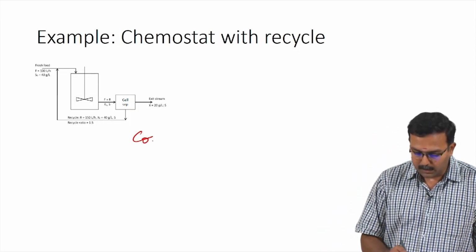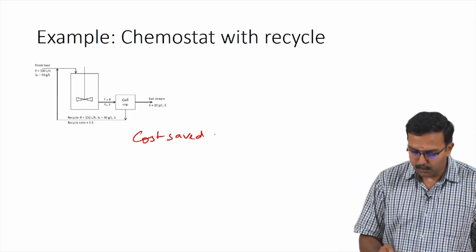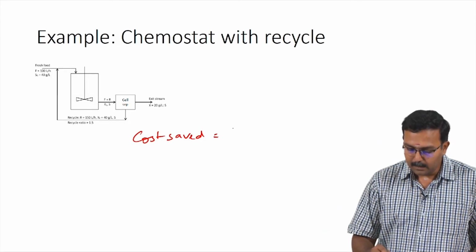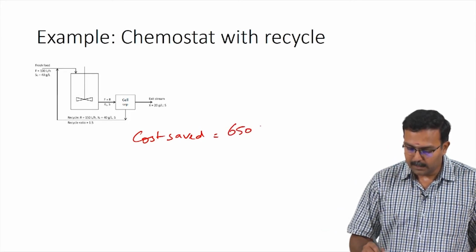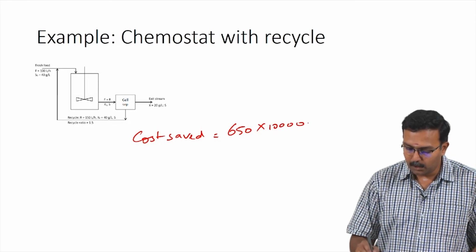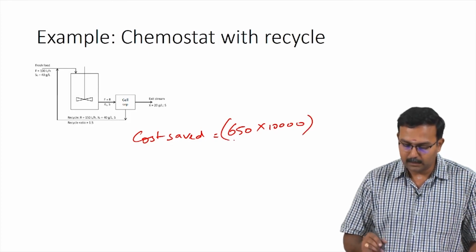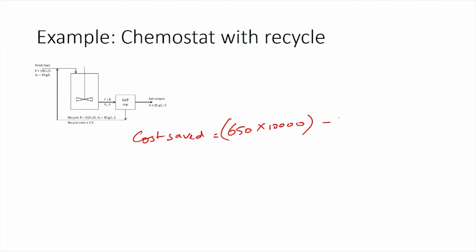So, cost saved would basically be 650 times 10,000, which is the cost for per liter reactor of a chemostat, minus 400 times 10,000. So, this is the difference in the cost for the reactor. In the cost saved, we should deduct the cost associated with the purchase of the cell separator. So, this would give us a total cost saved of 20 lakhs.